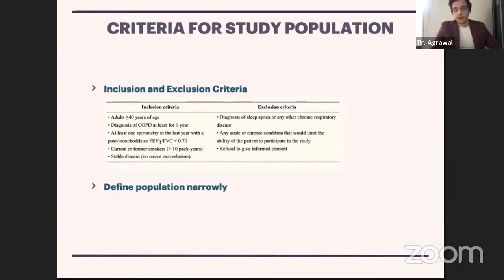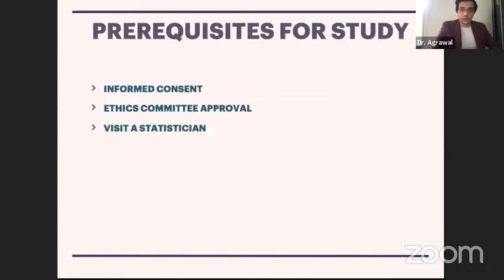Exclusion could be a syndromic situation where a person's mortality or the recurrence rate would be much higher in this particular syndrome. So we excluded those patients from our study. So that defines your inclusion exclusion criteria. It helps you define your population narrowly so that you yourself are also not very confused about how you are going to choose patients for your study.